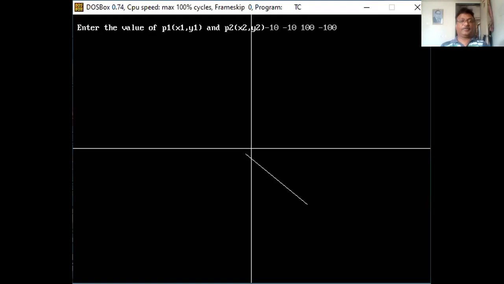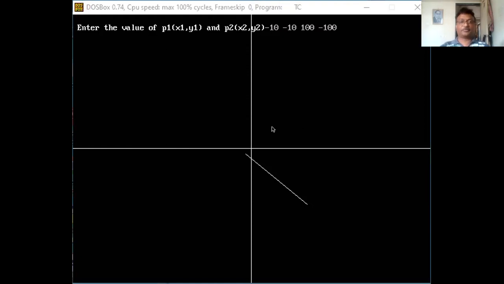The line is going to appear from the third quadrant, which contains negative values, to the fourth quadrant, which contains x positive and y negative values. So that line should appear from the third quadrant to the fourth quadrant.